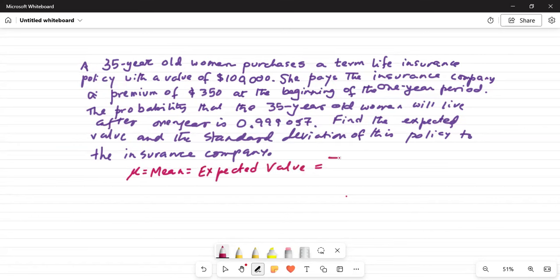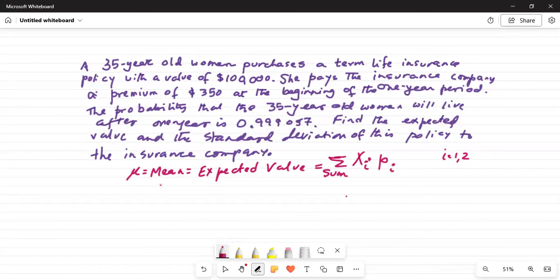It is the summation of x times p. X is the value for each situation multiplied by the corresponding probability. You can write this as xi pi. Here i is 1 and 2. First one, they gain 350. Second one, they lose 99,650, and the corresponding probability.